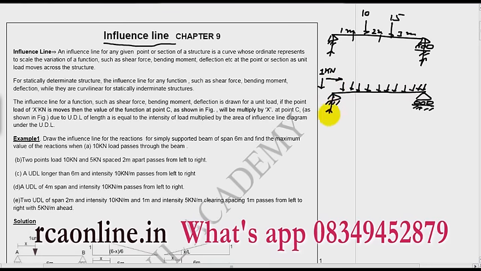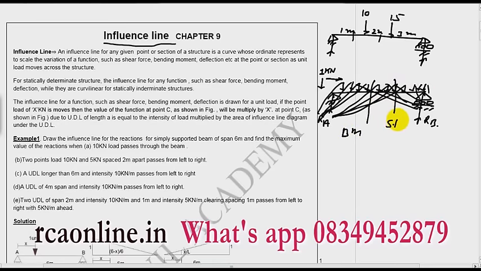So this 1 kilonewton load is traveling along the span of the beam, and I will find the reaction RA for the different locations of the 1 kilonewton load. At different locations, what is RA, what is RB, and similarly finding the bending moment at any section when this load is moving, and finding the shear force at any section when this load is moving.